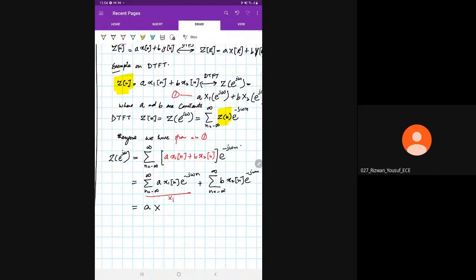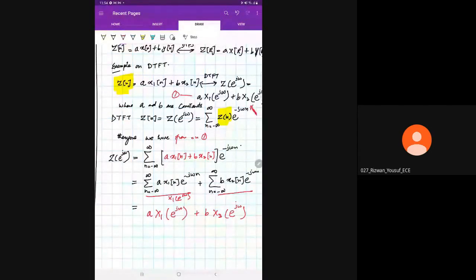Finally it will boil down to a times x1 of e to the power j omega plus b times x2 of e raised to the power j omega. So that is the same as equation 1.